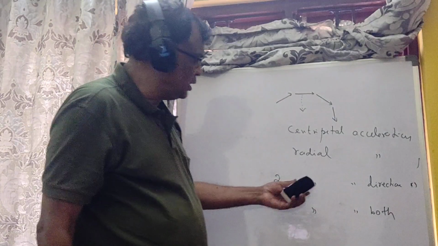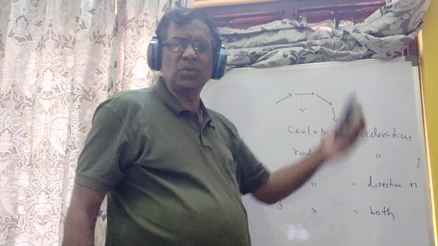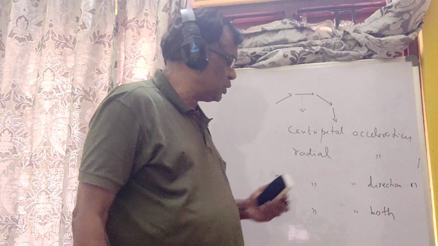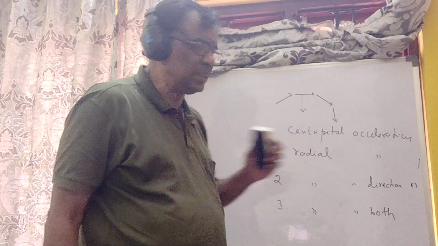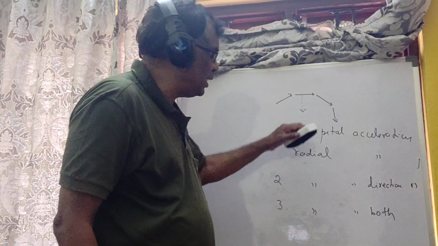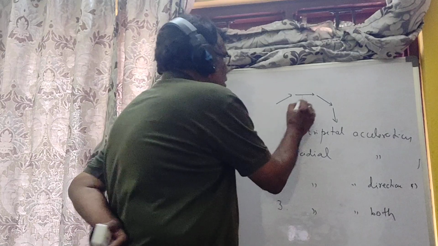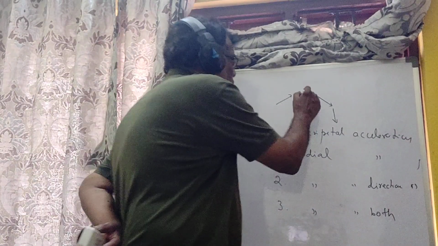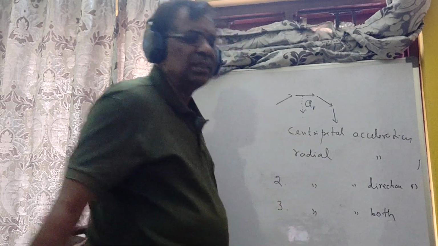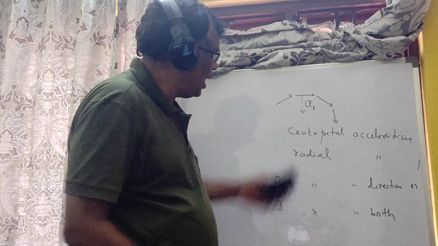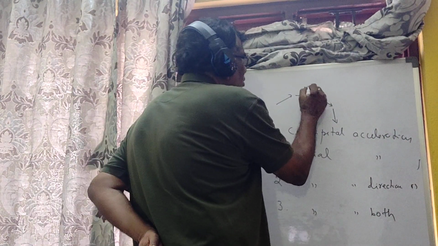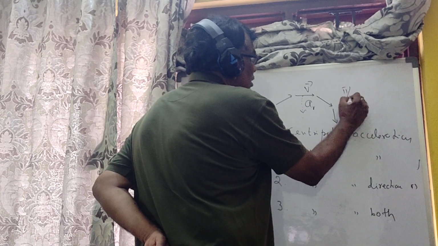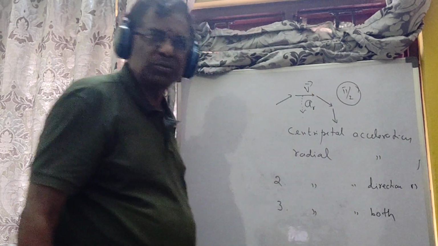The details of this we can discuss only in 2D motion or circular motion, not at this stage. But you should understand that this acceleration is written as A suffix R, and is always directed towards the center of that curvilinear motion. So the angle between AR and the velocity is always 90 degrees.